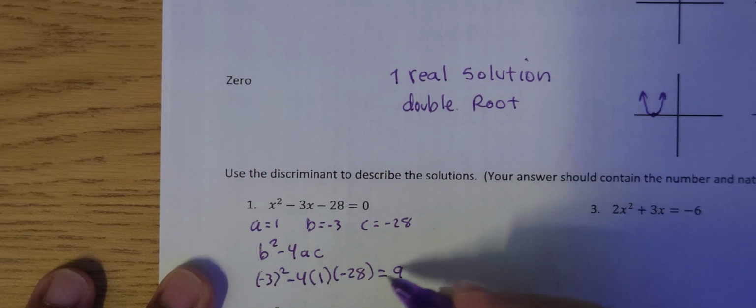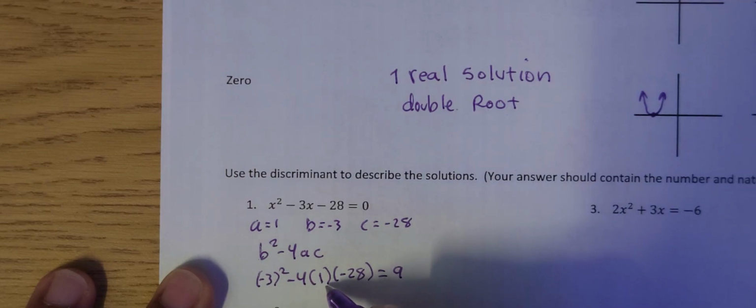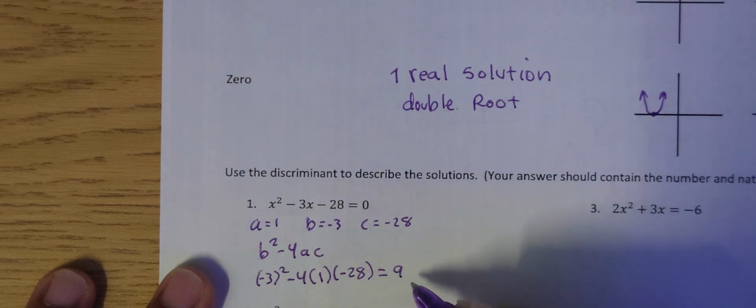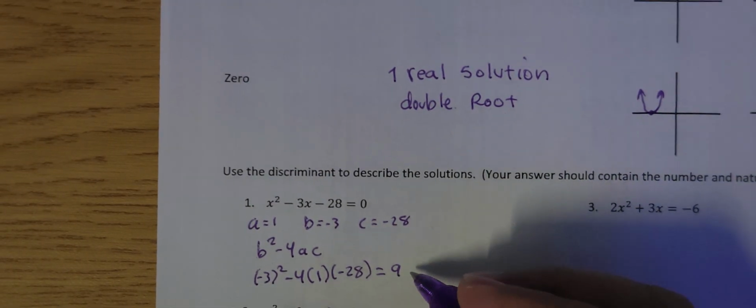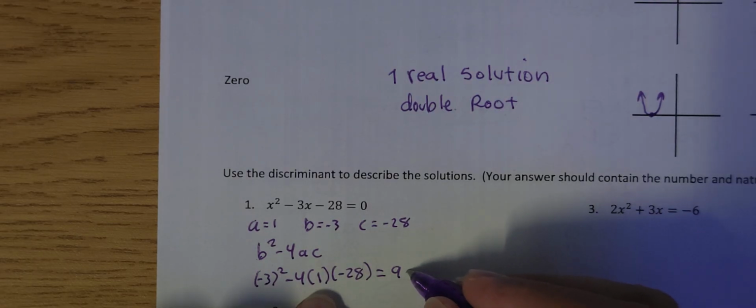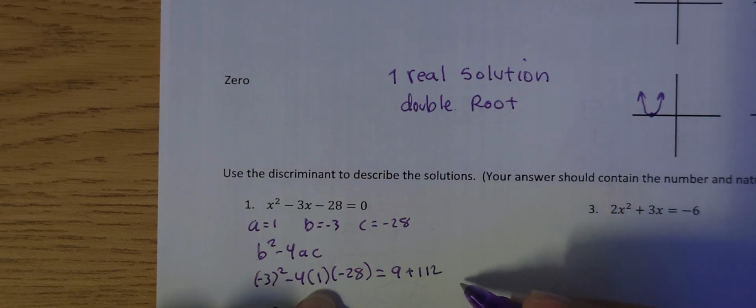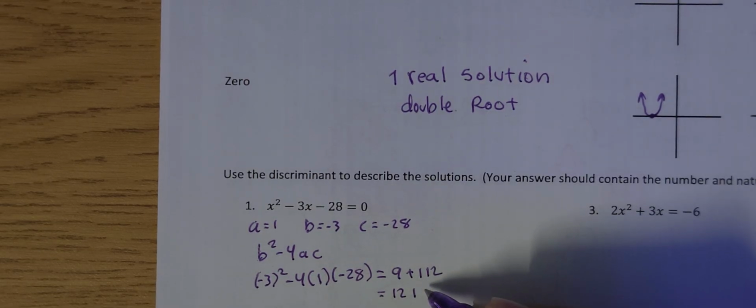So this is 9, and then -4 times 1 is -4. -4 times 28 is, let's see, what is that equal to? This is positive, so plus 112. But 9 plus 112 is equal to 121, which means the discriminant is a positive number.